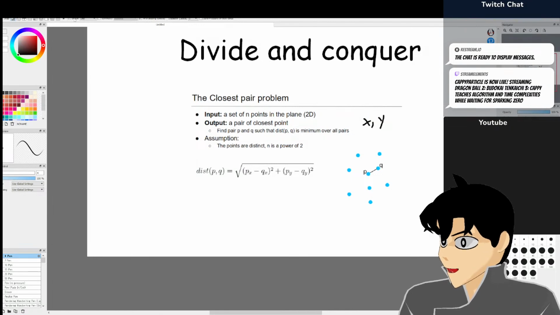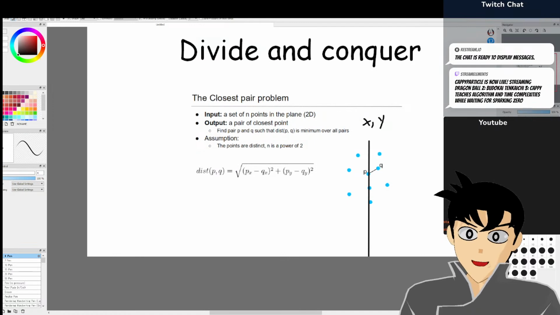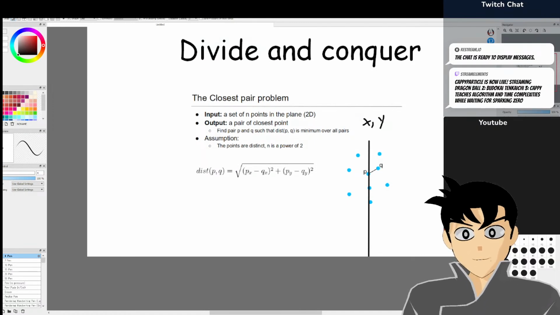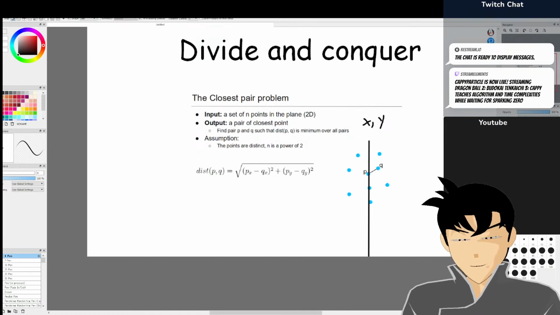So the idea of divide and conquer with closest pairs is we split this in half. Well, I guess we'll just do it at an angle. We just have those at the sides. How do you do this? Let me look through my notes and read them.